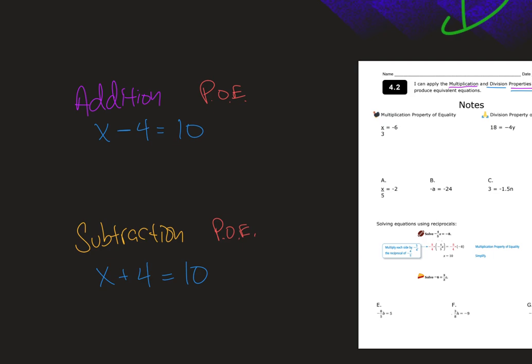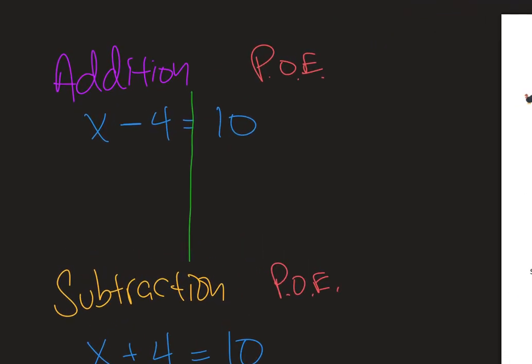So anyway, with the addition property of equality, here's what we did. We have a left side of the equation and a right side of the equation. And you're smart enough to know that a number minus 4, if it equals 10, that answer is 14.